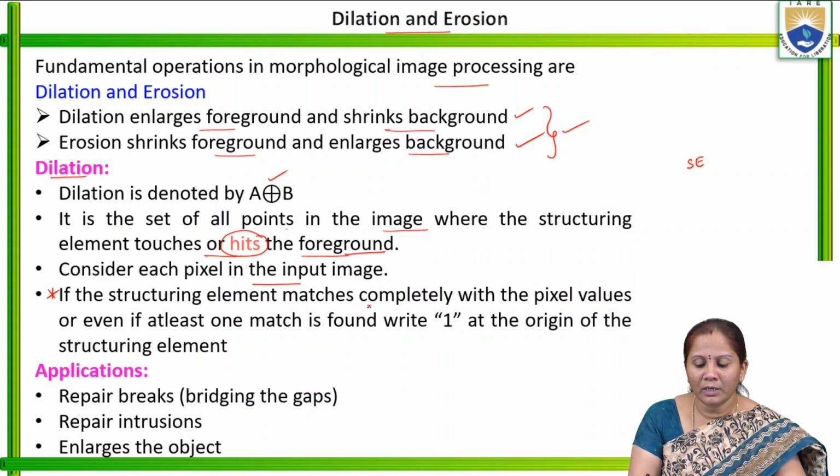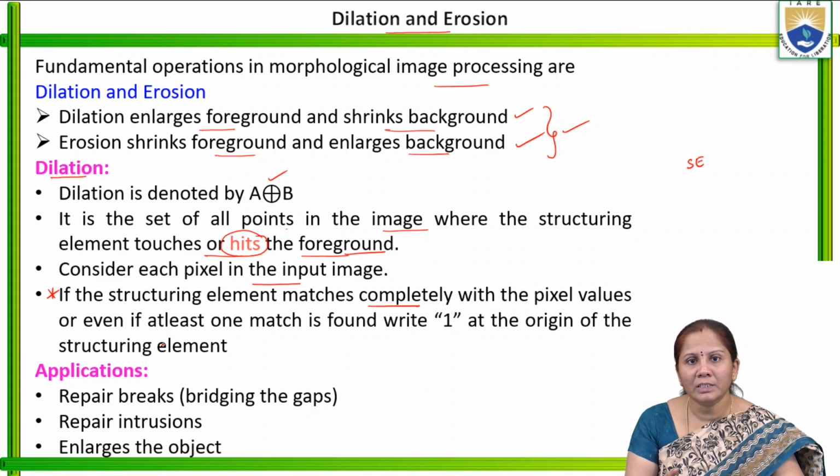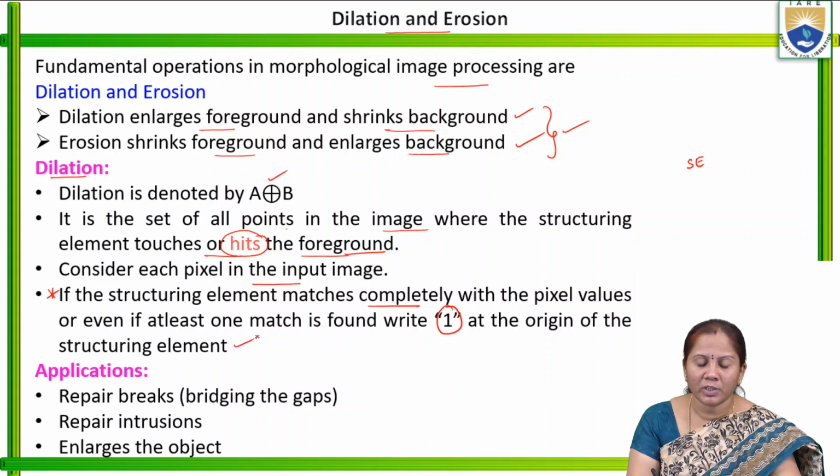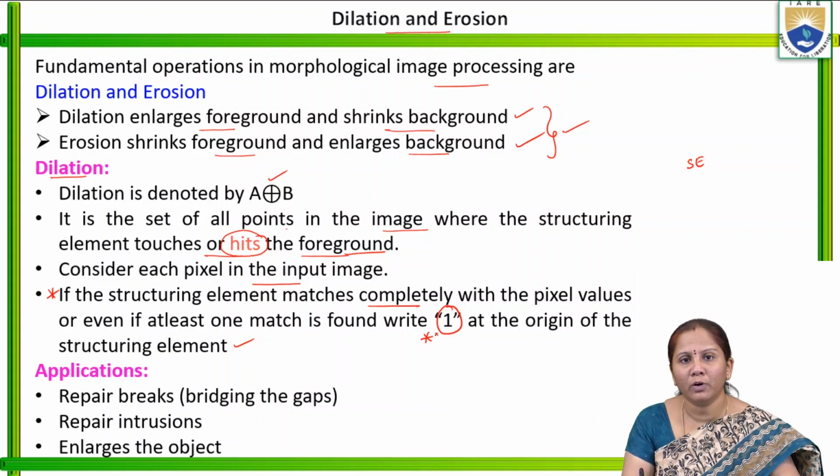If the structuring element matches completely with the pixel values, or even if at least one element match is found, then we have to indicate it as 1 at the origin of the structuring element. This is a very important condition when solving the example problems.